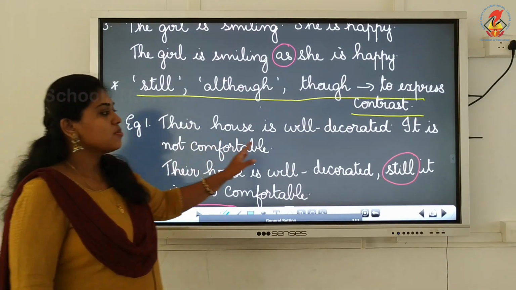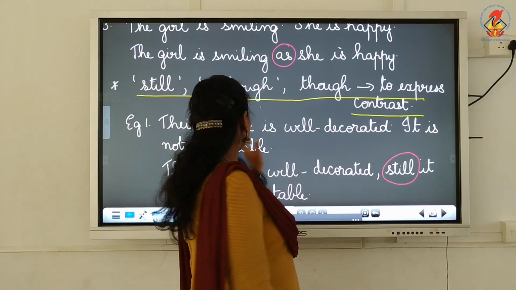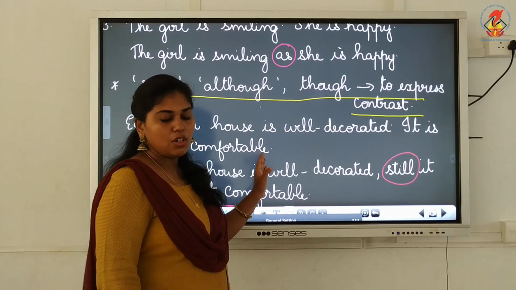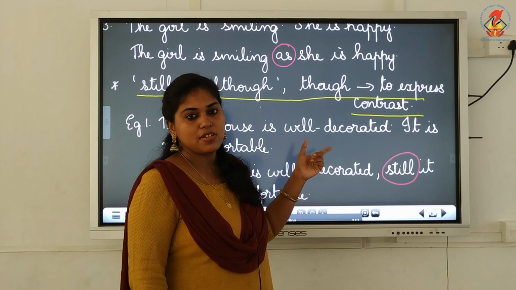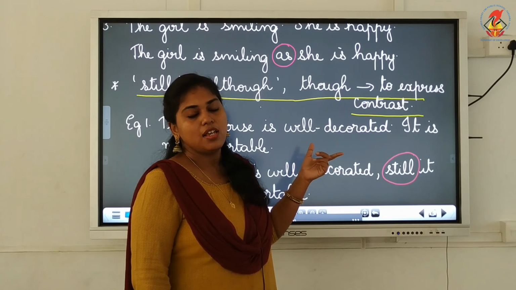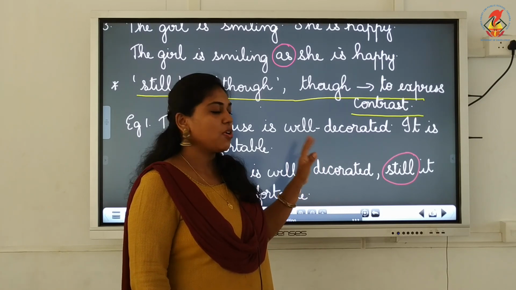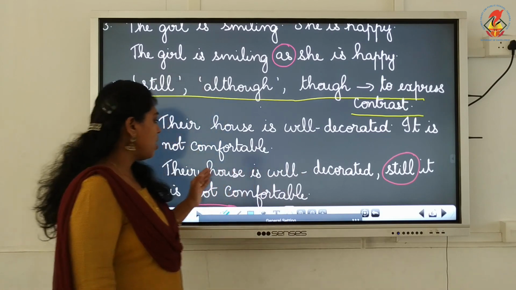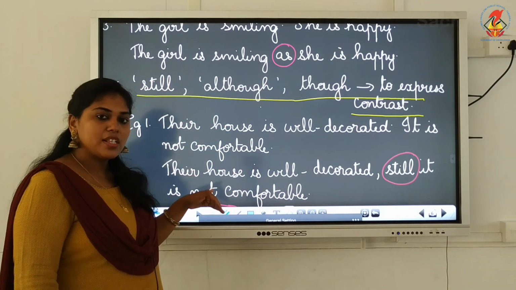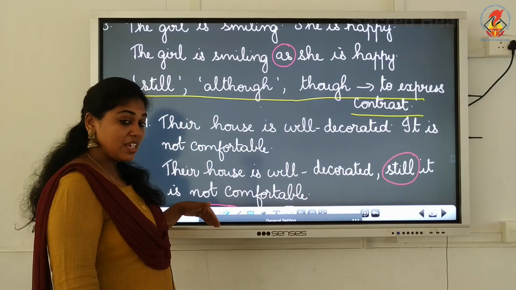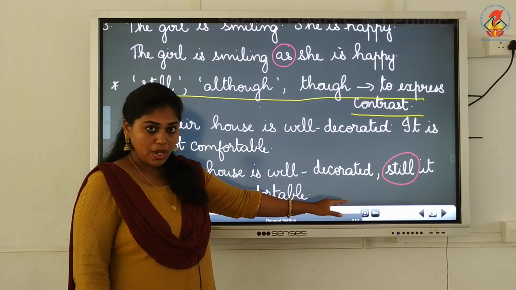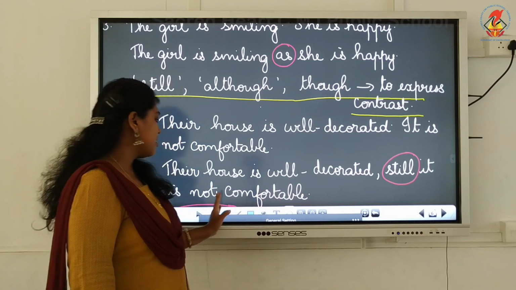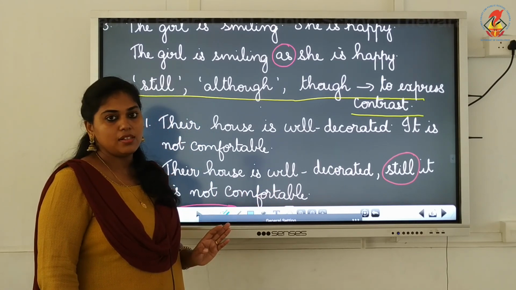Their house is well decorated, it is not comfortable. Now here we can feel that it is a contradictory statement, or there is a contrast between two statements, because one is positive and one is negative. So how do we rewrite that using the conjunction? Their house is well decorated, comma, still it is not comfortable.